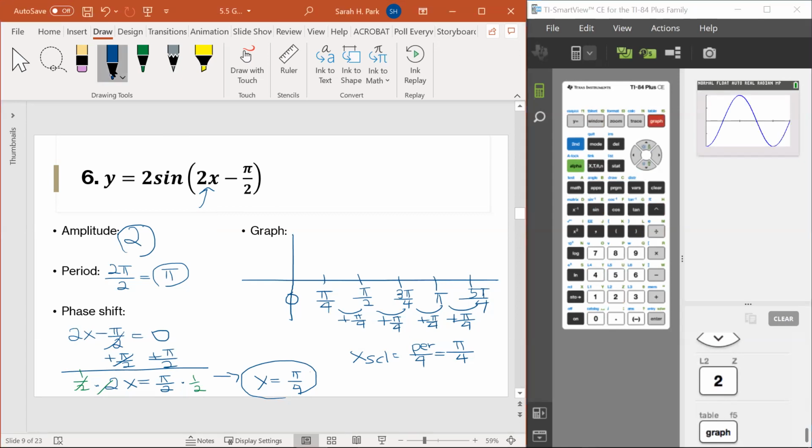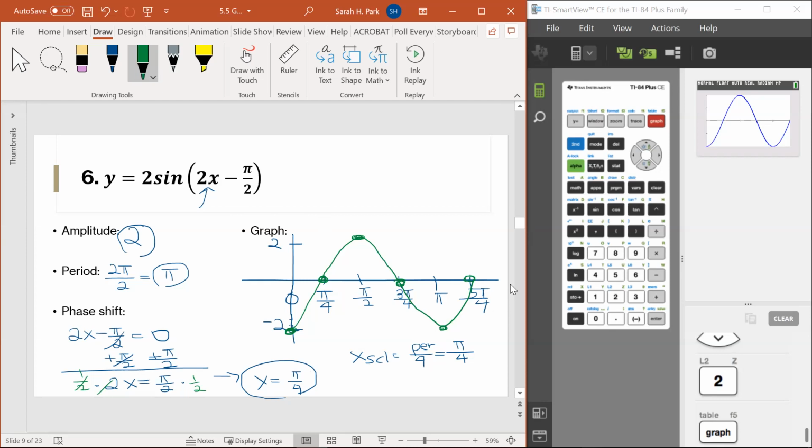And so it goes from 2 all the way down to -2. And I'm just going to erase all this down here. Okay, so it starts down here, pi over 4, goes to pi over 2, 3 pi over 4, back down, and then 5 pi over 4. You can also, if you're not sure, plug in values directly into the function to get your output.